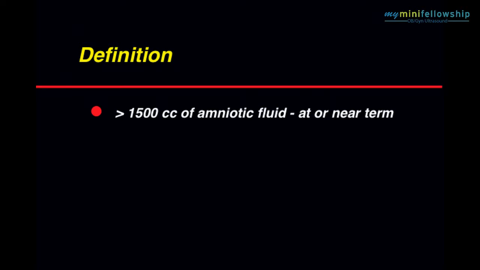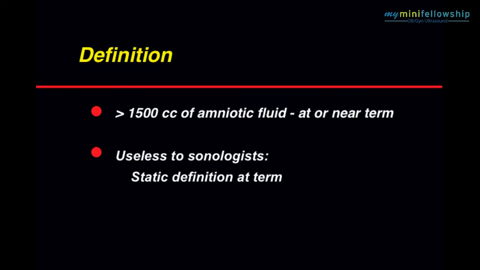Now, if we actually look at the definition of polyhydramnios, we find it's greater than 1,500 cc's of amniotic fluid at or near term. This is useless to us for a variety of reasons. As sonologists, we can't use a static definition of at term.